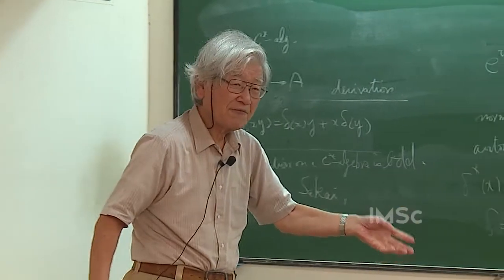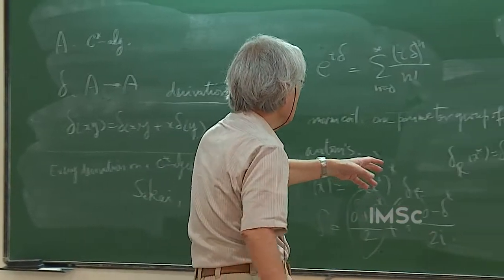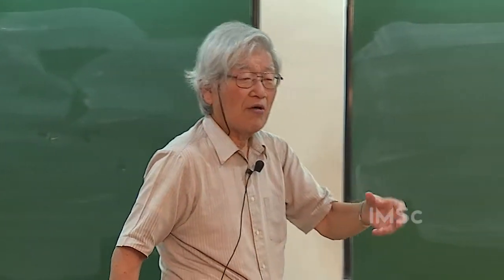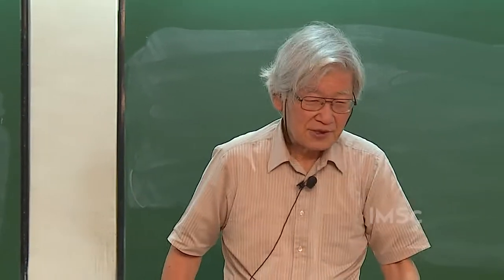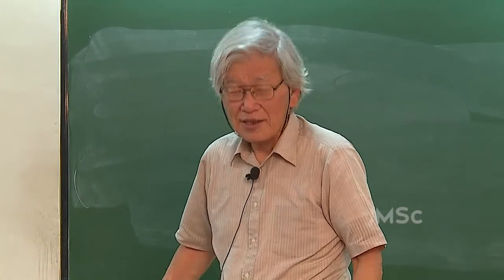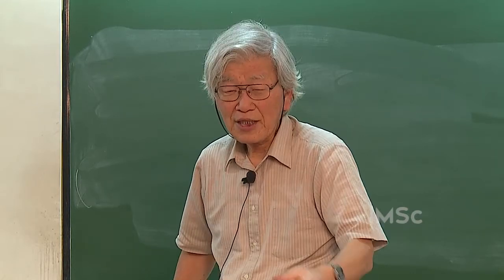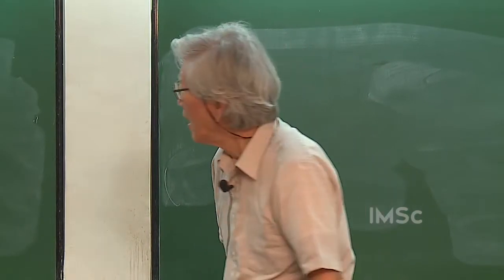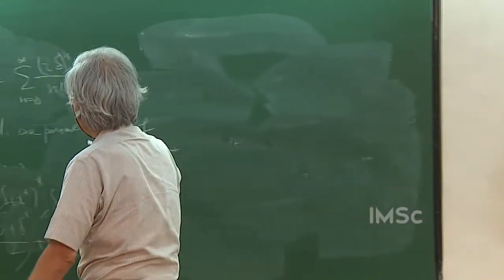And if the derivation is a star derivation, then this is a one parameter group of star automorphisms. Okay, that much is easy. Why is it an automorphism?